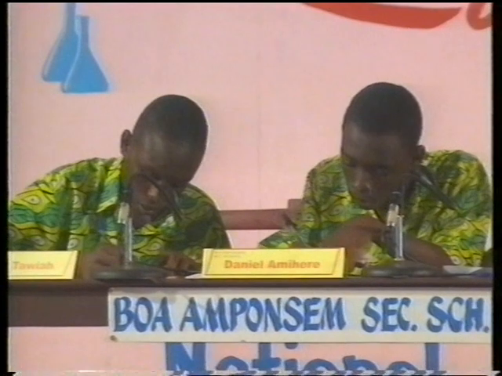Now the next question, it goes to Amponsem. Ammonium trioxonitrate 5 is also used as a nitrogenous fertilizer. What is the percentage nitrogen? N is 14, O is 16, H is 1. That's the molar masses. Yes, Daniel. 50%.